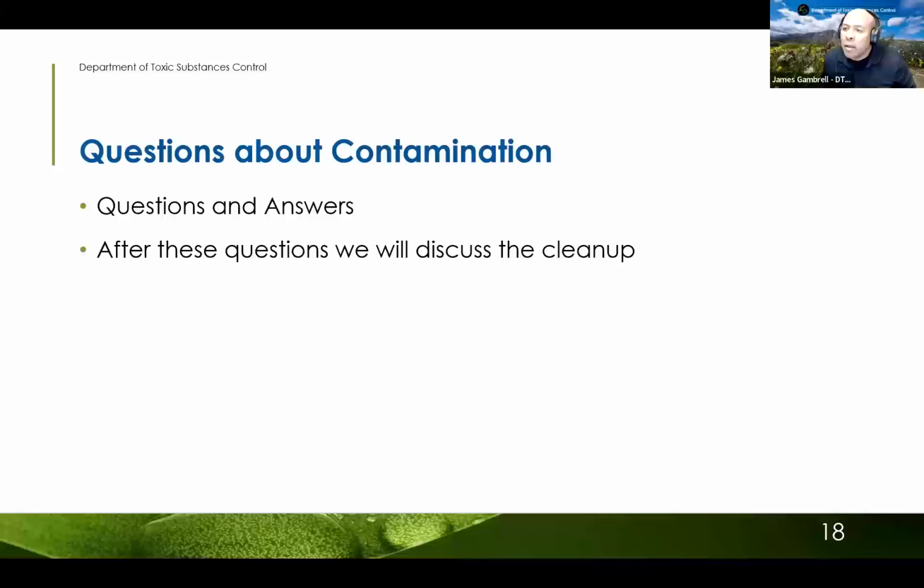Okay. And the last question we'll take in this section, and then we'll finish up the rest of the questions at the end. What are the impacts to adjacent properties? And is there adequate sampling on those properties? That's a very good question. We are right now making an effort to assess how the contamination has impacted some of the properties immediately adjacent to the site.